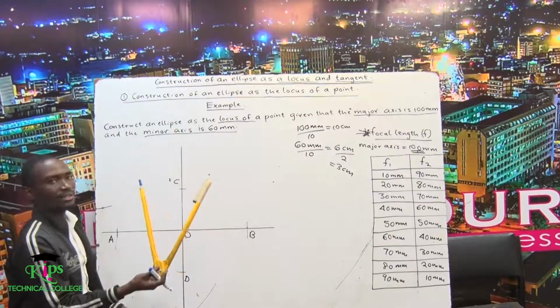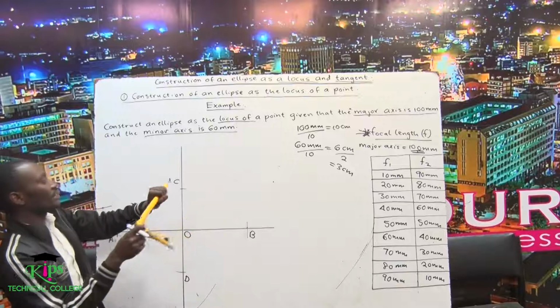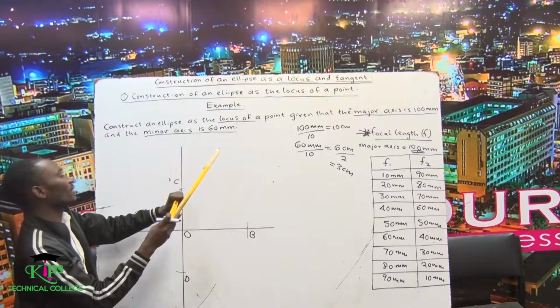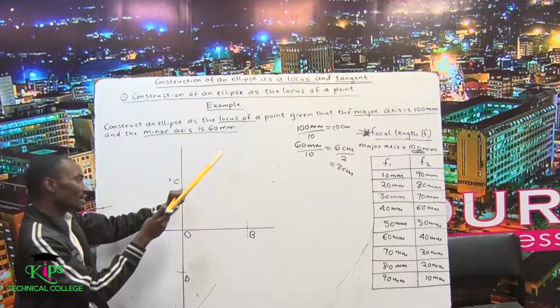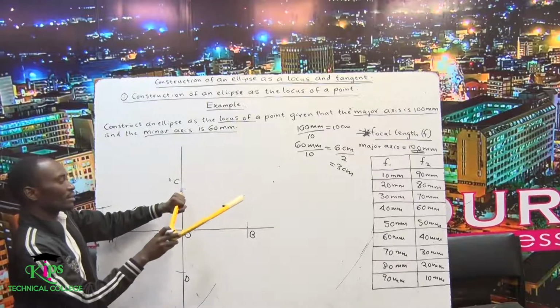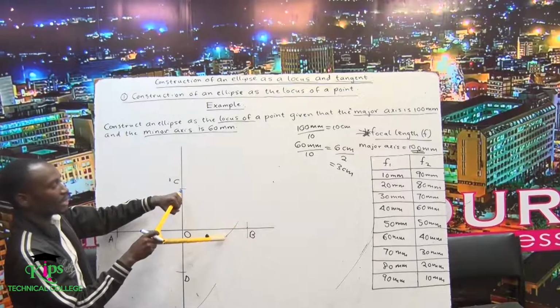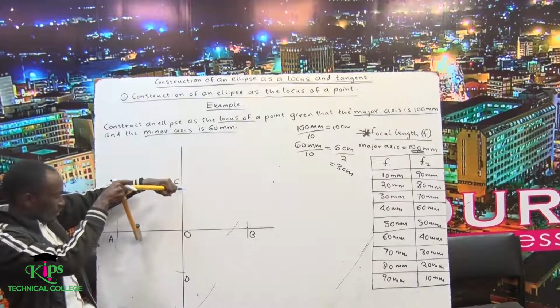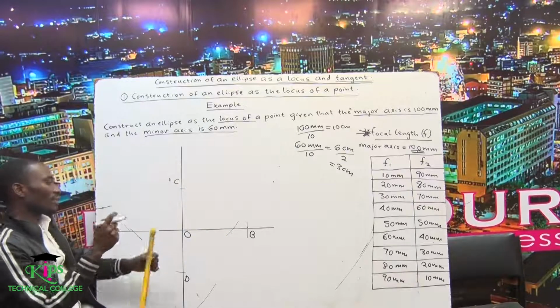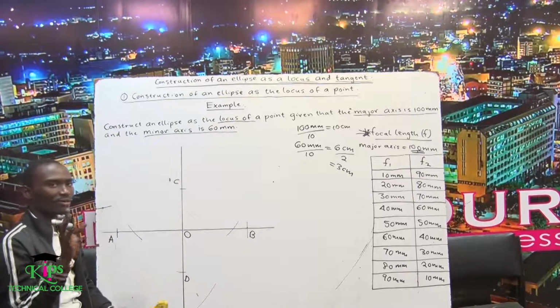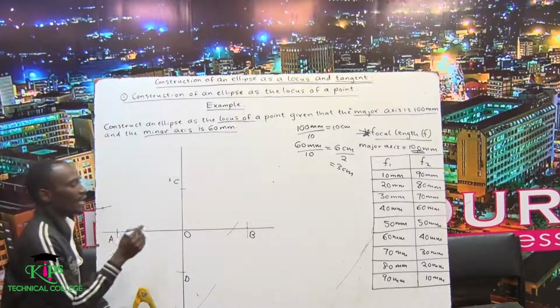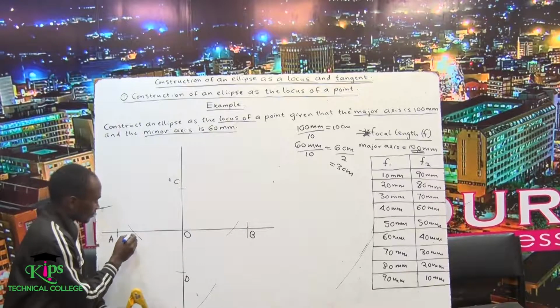Then without changing the dimensions or the length of the compass, I should step at point C like this, then put a mark, again put a mark. So those are my focal lengths. So here I have two focal lengths.